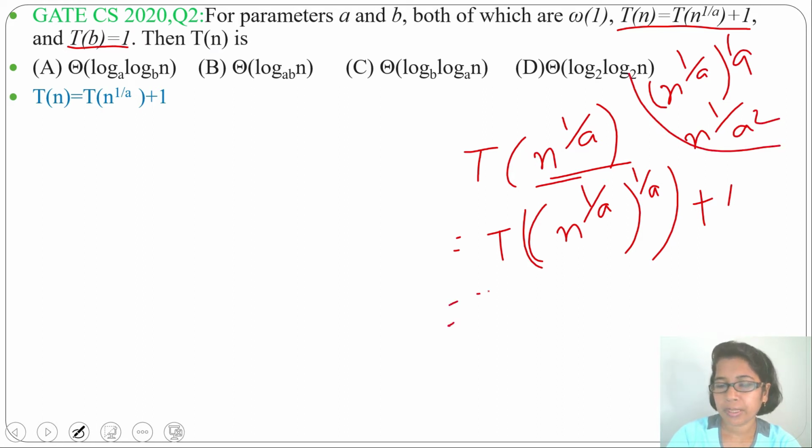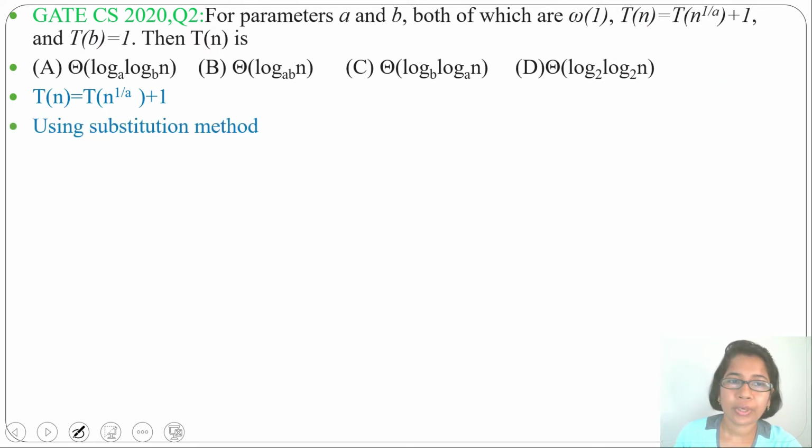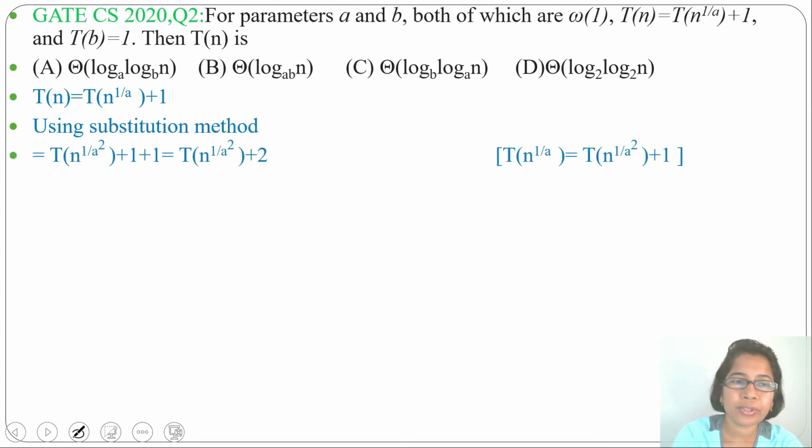So it will be T of n power 1 divide a square plus 1. In place of T of n power 1 divide a, we can substitute T of n power 1 divide a square plus 1. After substitution, we get T of n power 1 divide a square plus 1, and before that 1 was given, so we write 1. After addition of these two, we get 2.